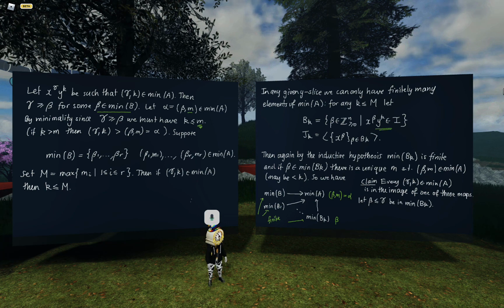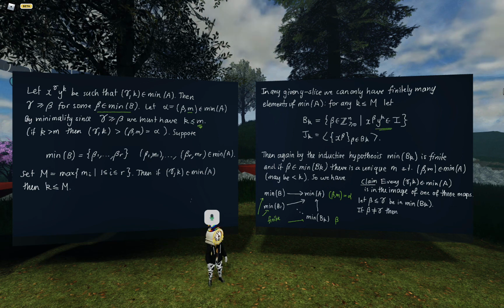And this, you can think about the blue cube, for example. Now, if beta is not gamma, if you actually made a change in order to decrease it to a minimal thing, then we'd have x to the beta y to the k in I.